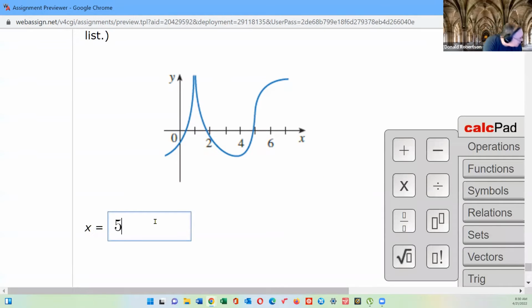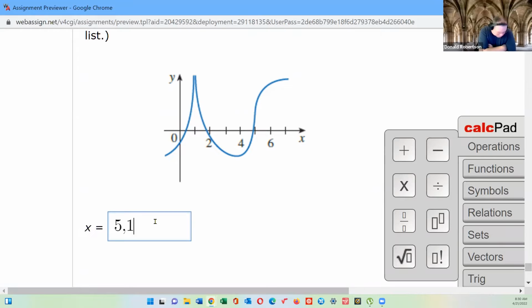I am assuming that at 5 or darn close to 5 the curve is vertical. You see, that's bad news. That one's an easy one to miss. The other one's obvious, I think. What's the other x value where this function is not differentiable? 1. Agreed.